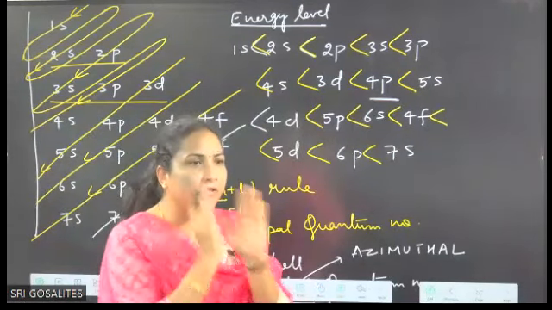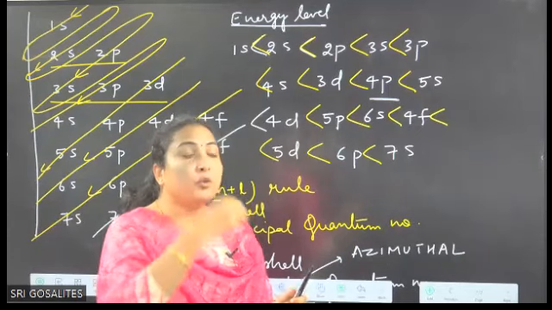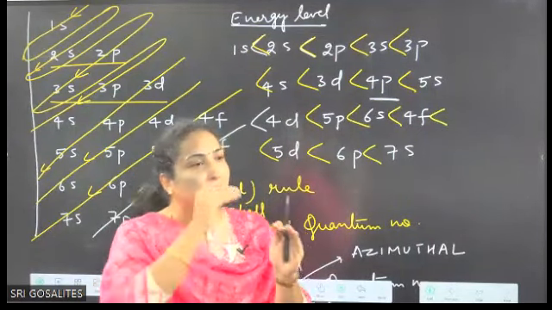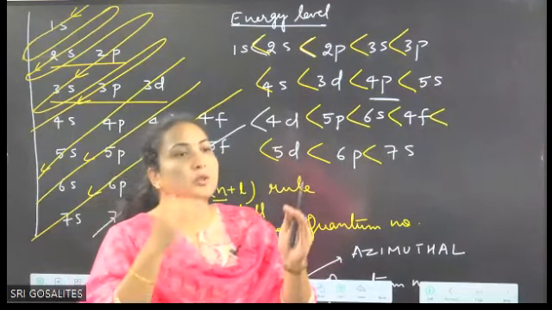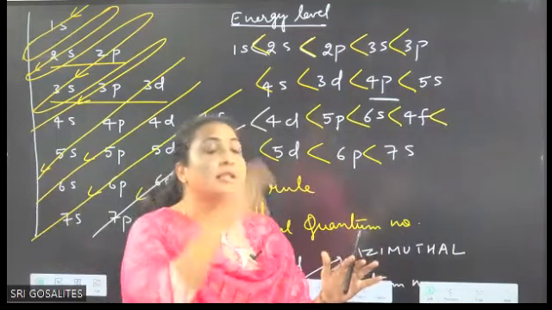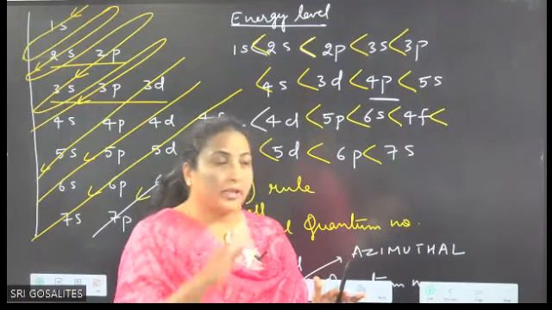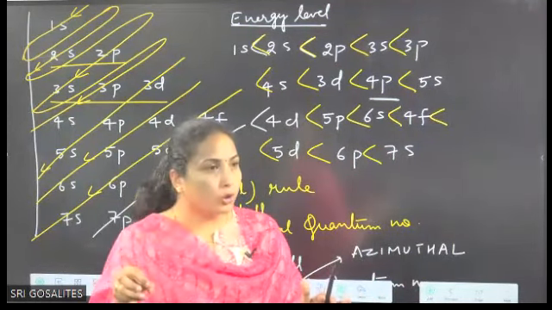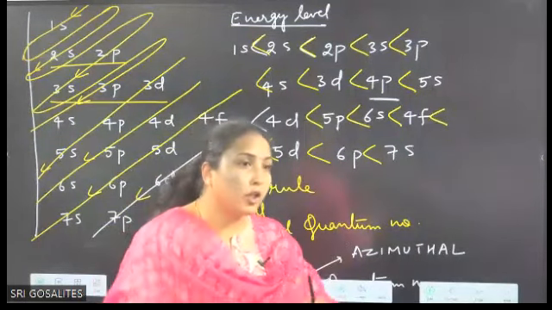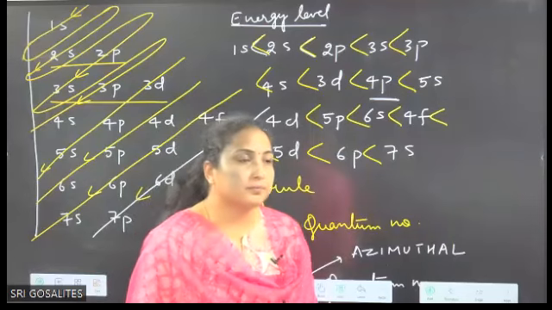And I definitely promise you, if you keep on learning, we are just telling you some portions of it. And when you come to 11th class, you'll be learning about atomic structure in detail. There will be quantum numbers and all the queries will be answered. Now here, I am just telling you that particular portion, which will be utilized for understanding the filling of the orbitals, or the electronic configuration.